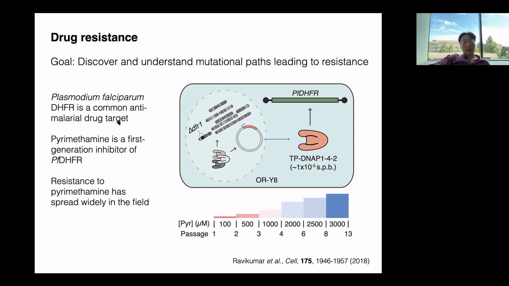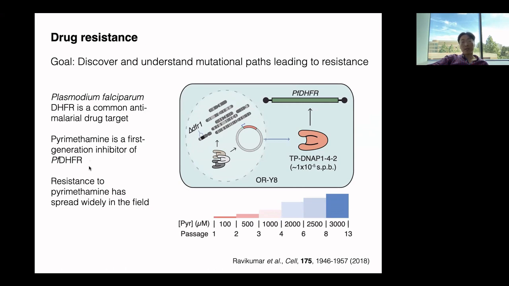And for the malaria case, one of the first generation inhibitors of malaria was pyrimethamine. And it worked by basically selectively inhibiting the DHFR of the malarial pathogen.